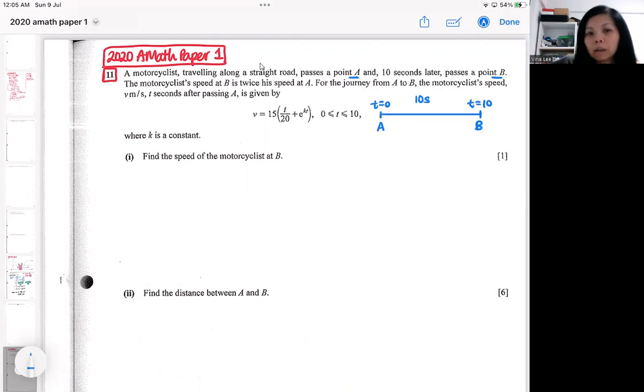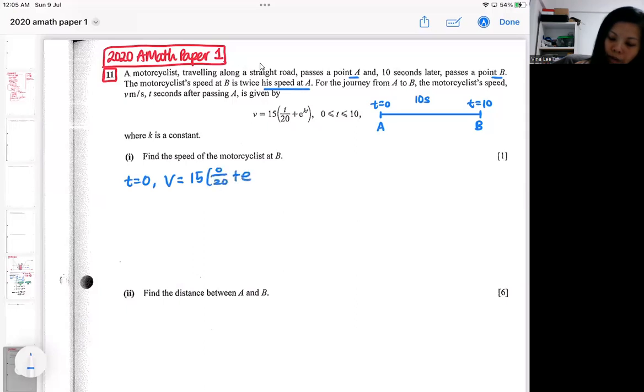For the first part, if I would like to find the speed of the motorcyclist at B, I should find the original speed first. I should find the speed at A. Finding the speed at A is quite easy. You just put in t equal to 0, and then you just punch the calculator.